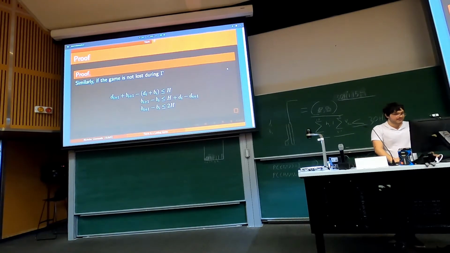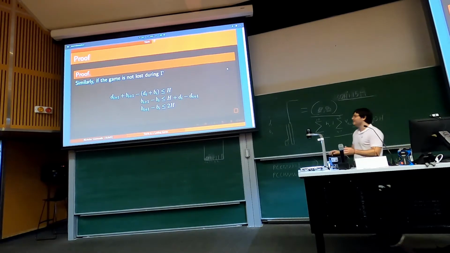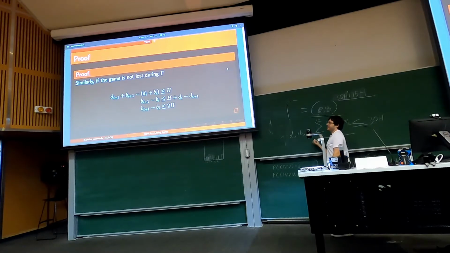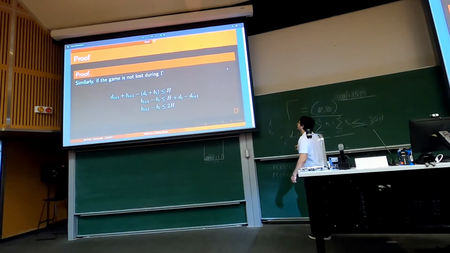Similarly, if the game is not lost during gamma, this one is a little bit more tedious, I know, but it's the same idea. The number of squares placed in column i plus 1 is the number of squares placed before gamma plus the number of squares placed during gamma, and similarly the number of squares placed in column i is just d_i plus the number of squares placed during gamma.